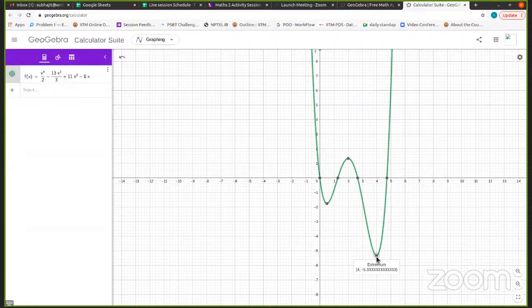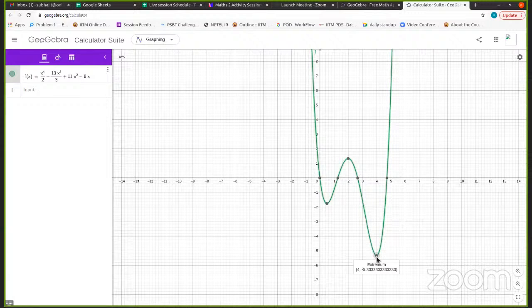So there are 3 turning points of this curve, and there are 3 critical points as we have derived: x equal to half, 2 and 4. At 2 only it is a maxima, and at half and 4 we get local minima. Now, can you see from the graph what the global minima of the curve is?